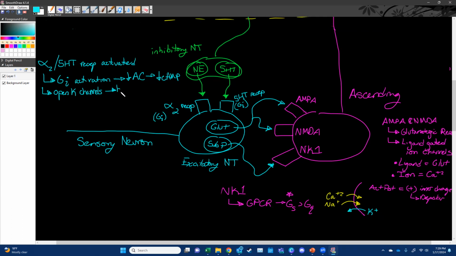So we're going to get hyperpolarization, which means that we're going to get less vesicle fusing. And ultimately, what this means is less substance P and glutamate release.